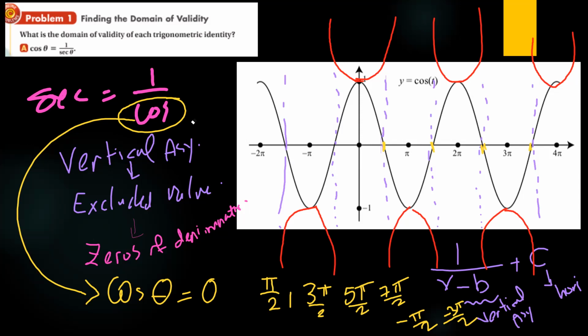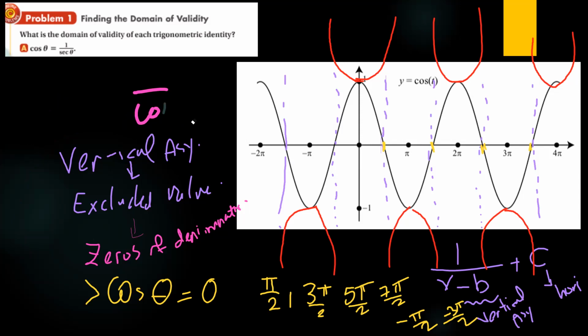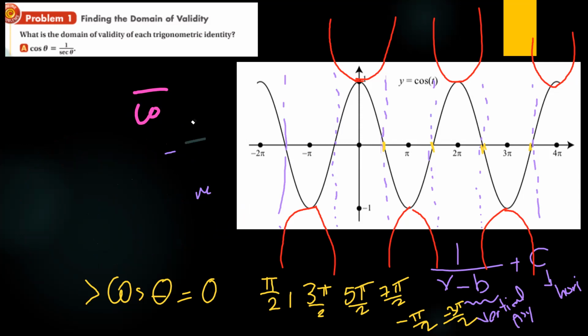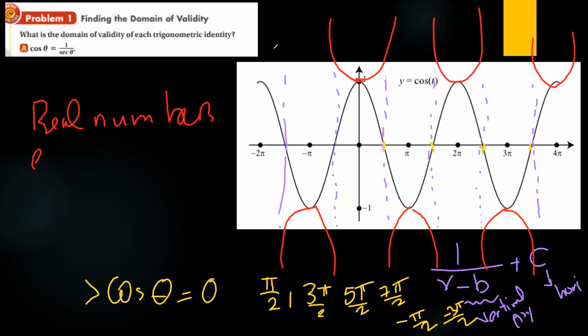So can you say it is all the real numbers except pi over 2 and 3 pi over 2 and 5 pi over 2 and 7 pi over 2? Yes, you have to say that it is all real numbers except these values.